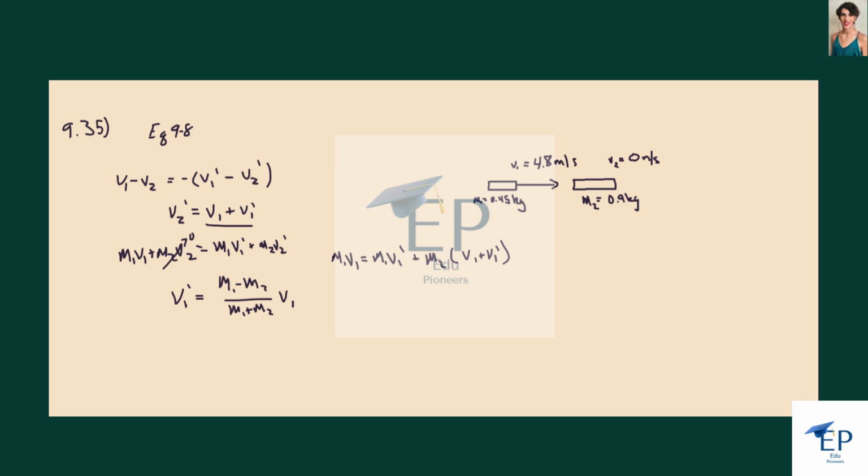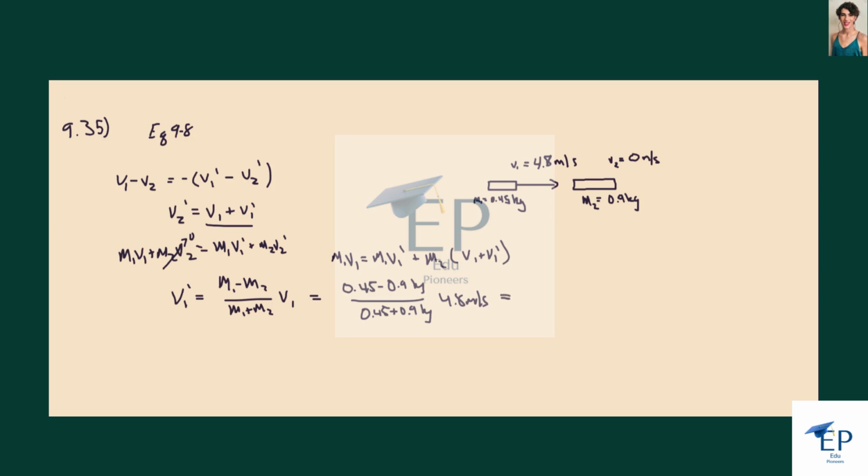Well, we know all these things, so we can now plug this in. So this is 0.45 minus 0.9 kilograms over 0.45 plus 0.9 kilograms times 4.8 meters per second.